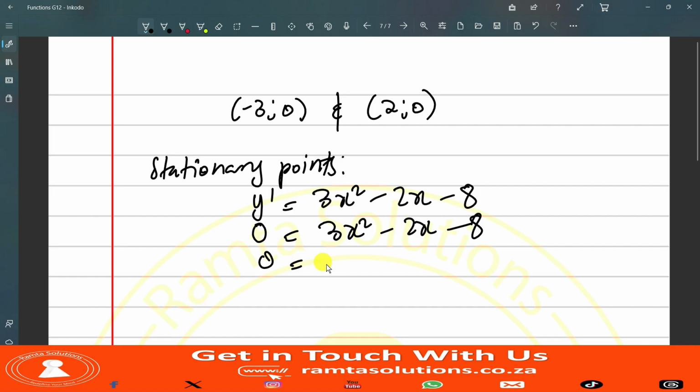And this we can factorize easily. It'll become 3x minus 4, and then x minus 2. The bigger factor must take the sign of the middle term. This will be bigger, so this must be positive, right?